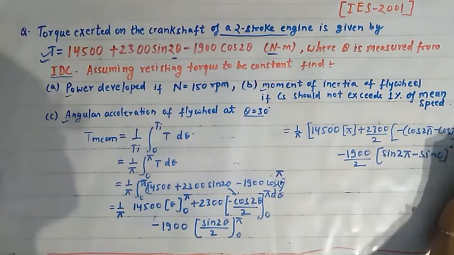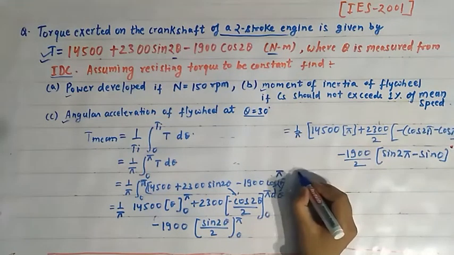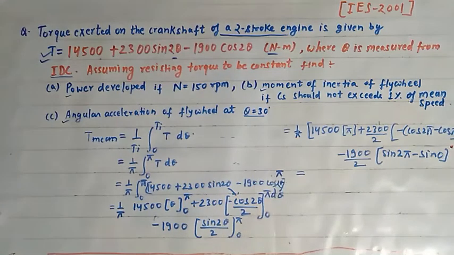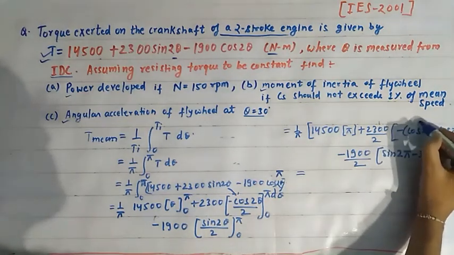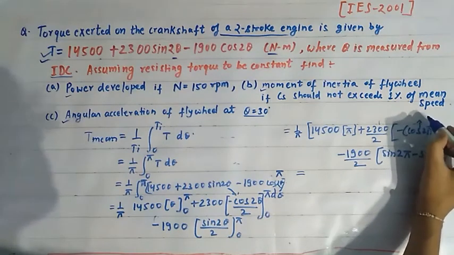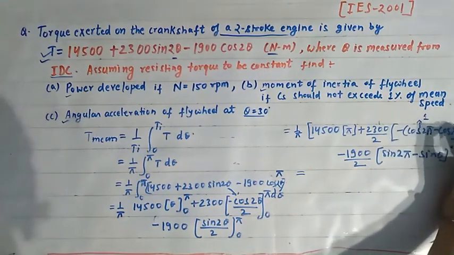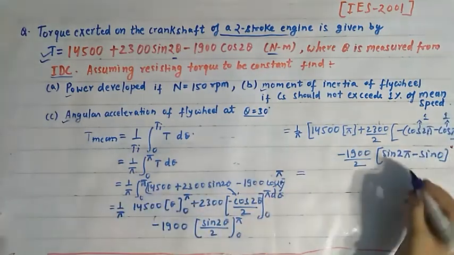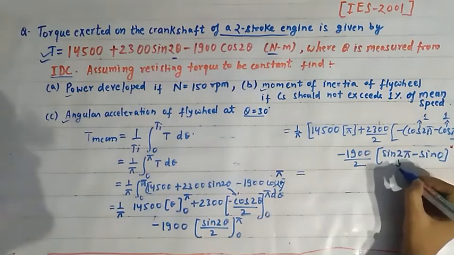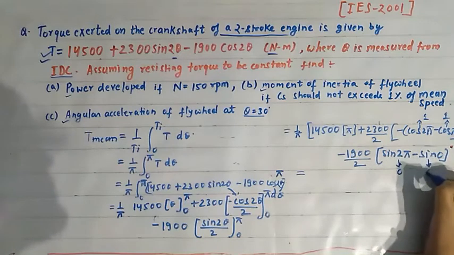We are writing cos pi. So when we integrate this and find out the value, we know that the value of cos 2 pi is equal to how much? 1, and the value of cos 0 is equal to 1, and the value of sine 2 pi is 0, and the value of sine 0 is 0.